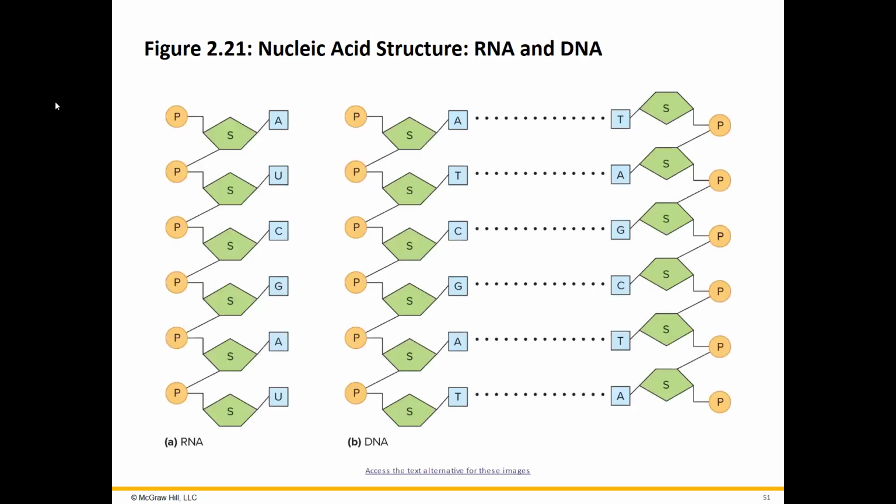What does RNA look like? It's a single strand. These are a bunch of nucleotides creating a long chain of nucleotides. This is your RNA. Now, the nitrogenous bases.